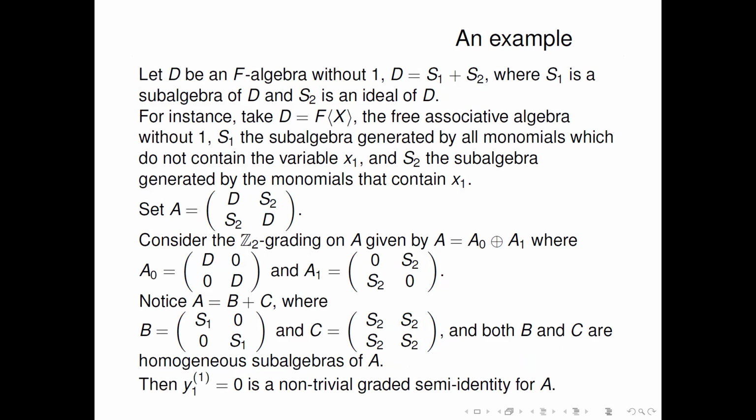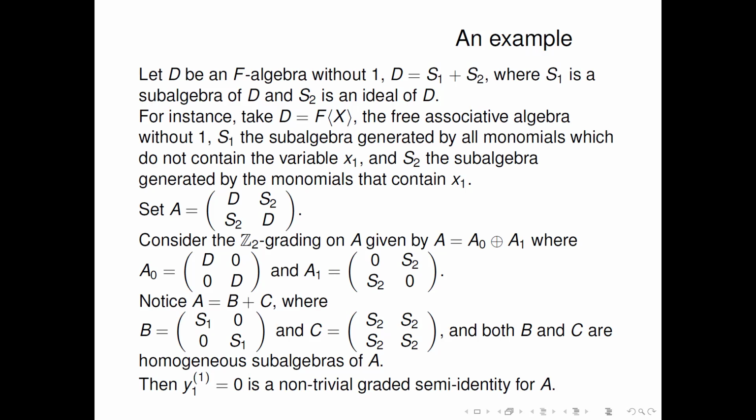Take S1 as the subalgebra which is generated by all monomials not containing X1, and S2 the subalgebra which is generated by all the monomials that contain X1. Then S2 will be an ideal. Put A as 2 by 2 matrices of this form, S1 on the diagonal, S2 on the second diagonal.